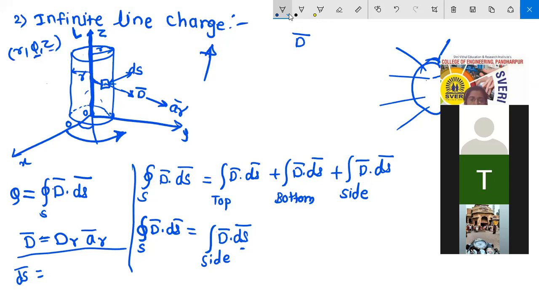Otherwise, go to the first chapter, find the cylindrical coordinate system, and find the equation for dS bar when r is equal to constant.